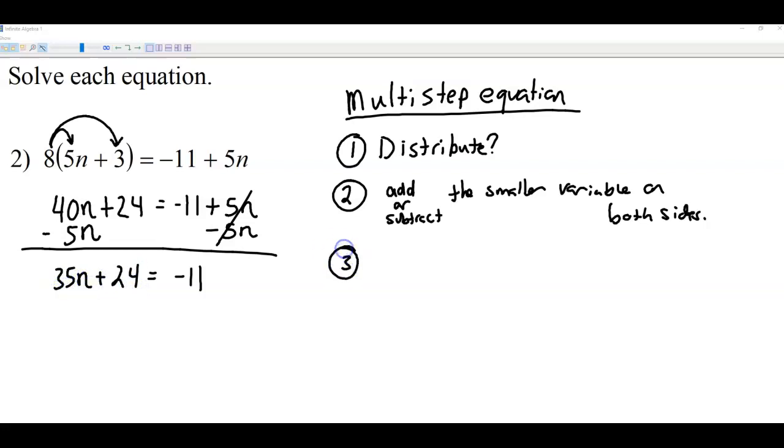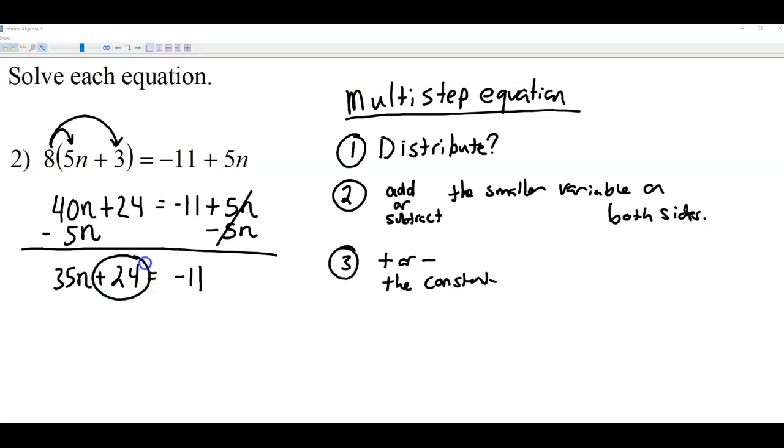Okay, the next thing you're going to do is either add or subtract the constant. That means the number without a variable. So in this case, the 24, I want to add or subtract that to get it out of there. I want to start getting the n by itself, so I want to move numbers away from it. The first number we get rid of is the constant number, the number without a variable.